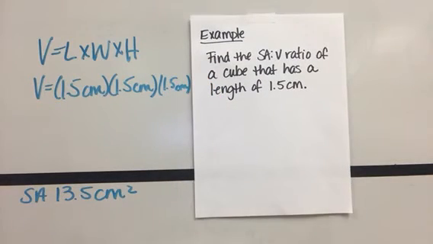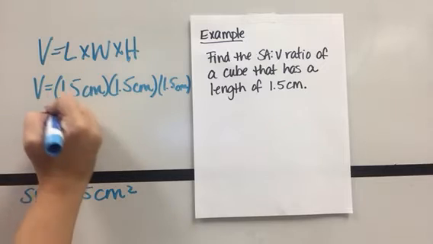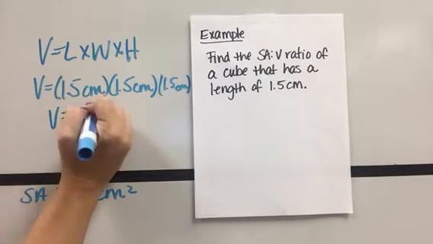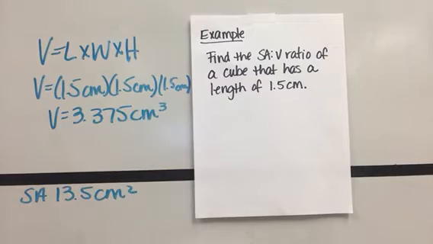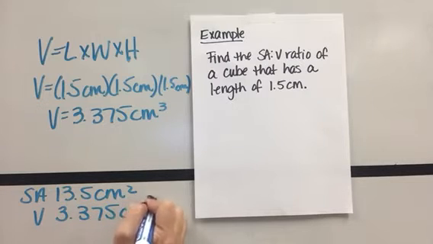So it's 1.5 cubed essentially, but we're going to plug all this into our calculator and I get 3.375 centimeters cubed. So that's going to be our volume. Again, I'm going to write it down here just because I'm about to have to erase. And so we have it there.